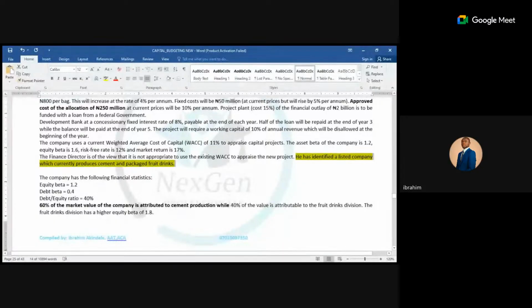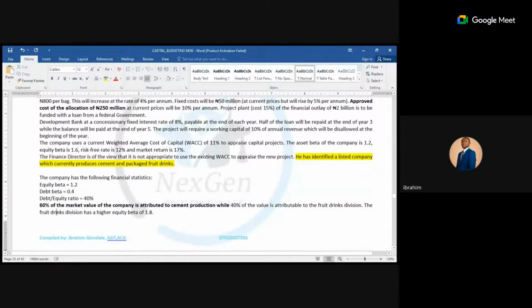Once you pay attention to this part, that they have cement and packaged food, and they give you the financial statistics, they did not tell you that the beta of cement is this and the one of packaged food is this. We'll assume it to be for the cement.